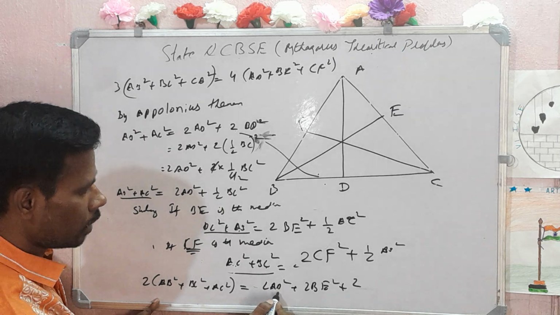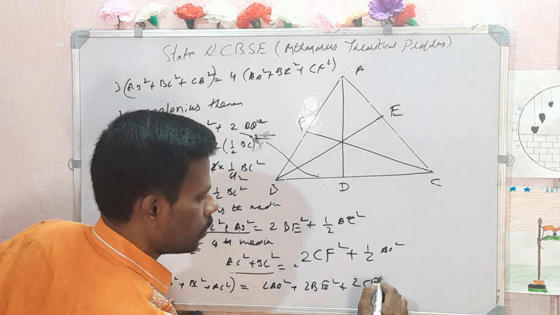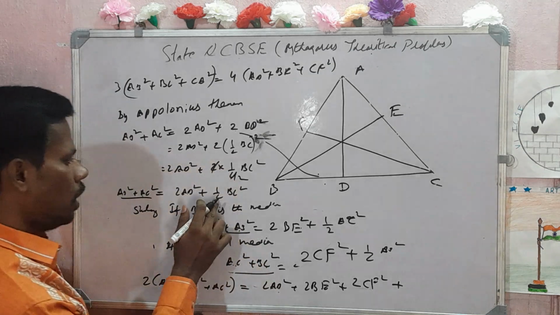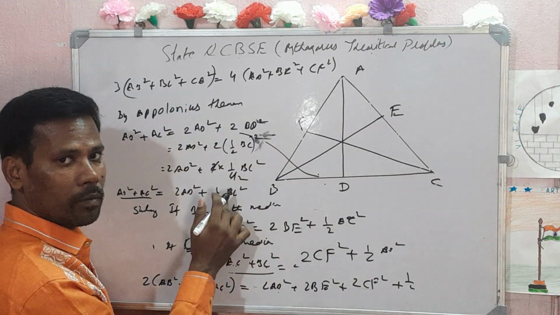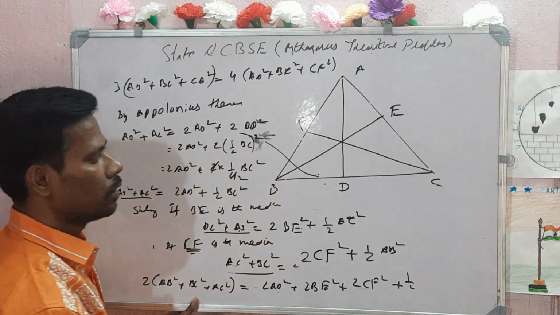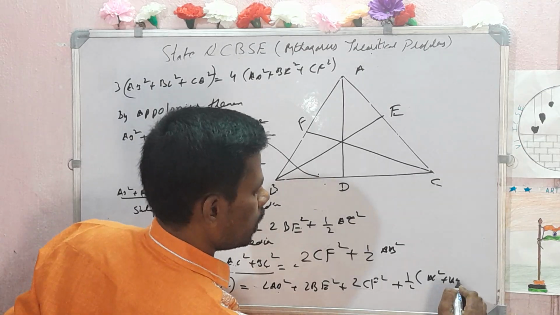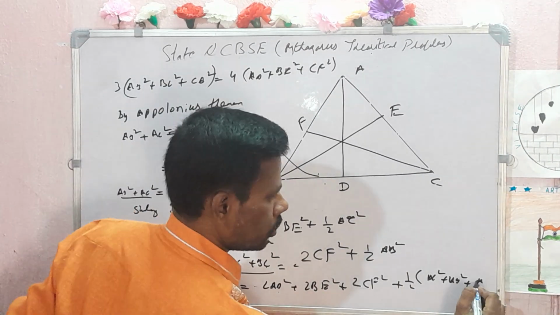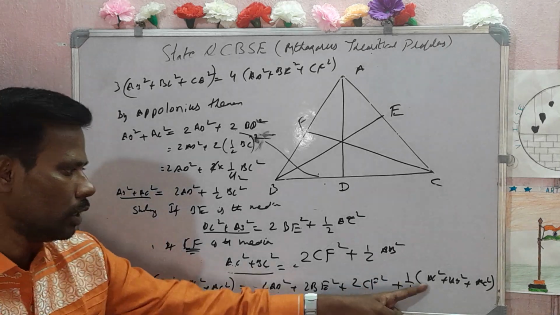This is equal to 2 times AD square plus BE square plus CF square plus half of, take the half common, half of BC square plus AC square plus AB square, right? Now bring this over here.